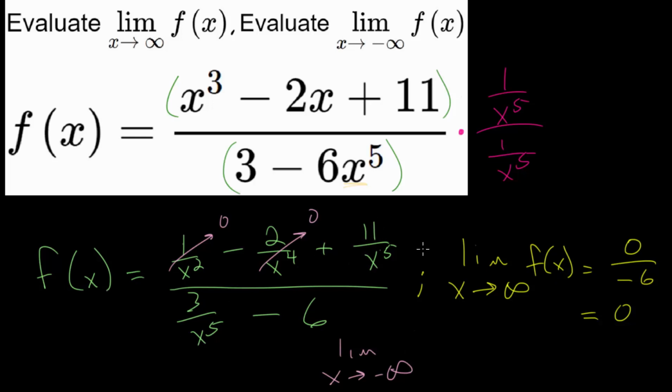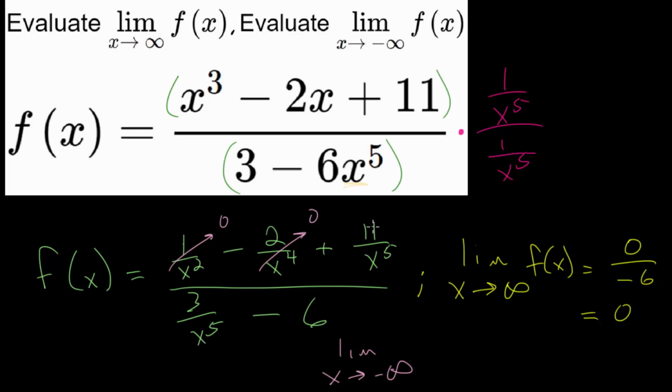But for these other terms, they will also approach 0, just in a slightly different way. This will be a very large negative value when we raise it to the fifth power, as we let x approach bigger and bigger negative values. And the numerator is still fixed, so we have some fixed numerator divided by some very large negative value.